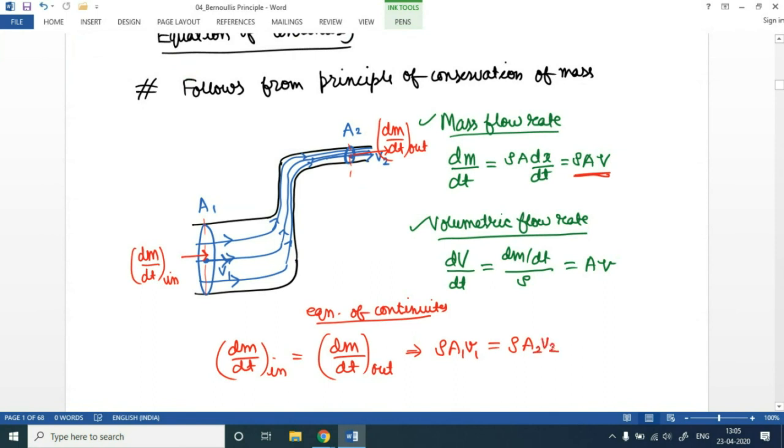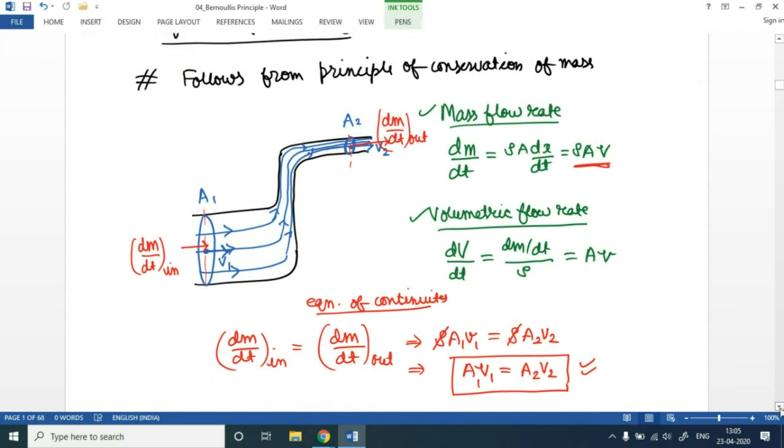Since we are talking about a homogeneous incompressible fluid, rho at both these cross sections is the same, so the final relationship we have arrived at is A1 v1 equal to A2 v2. This relationship is known as the equation of continuity.